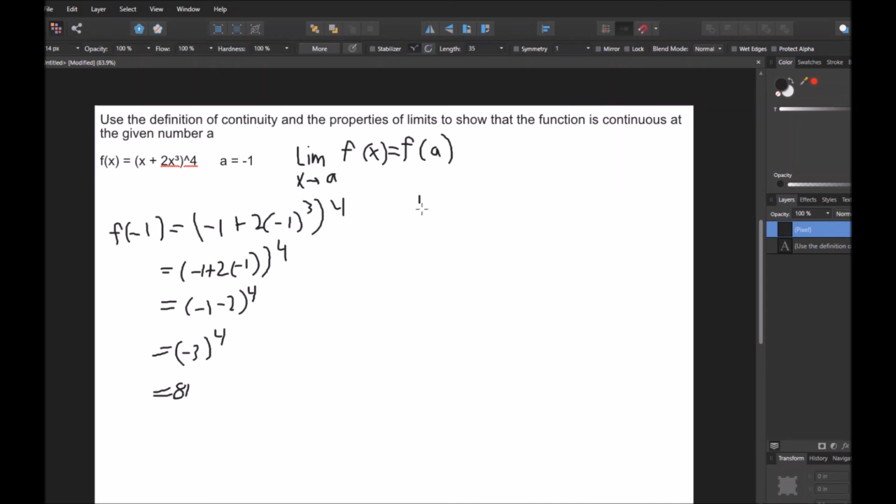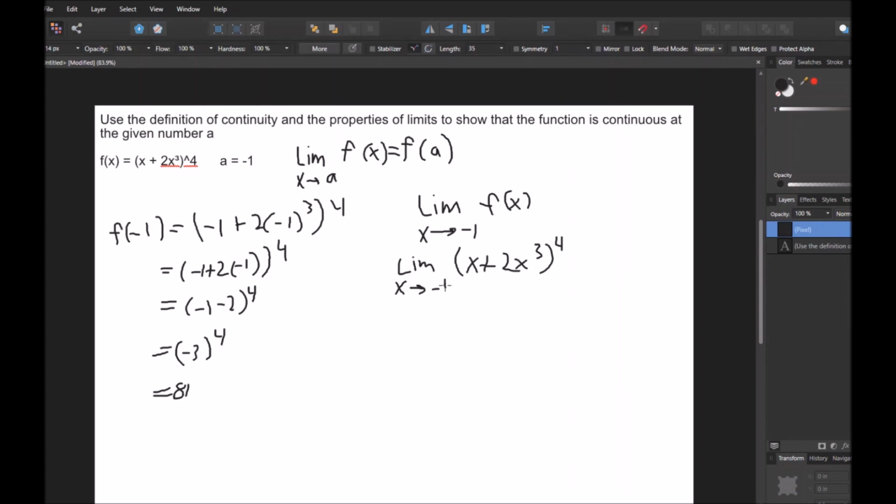Now I'm going to do the limit as x approaches negative 1 of f of x. So that will give me the limit as x approaches negative 1 of x plus 2x cubed, raised to the 4th.